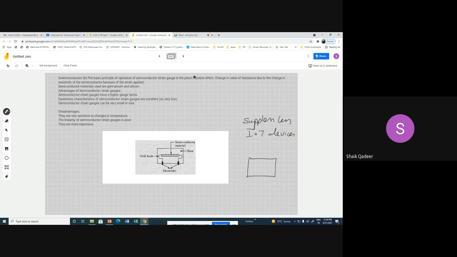It may belong to the category of piezoresistance, or it may belong to the category which extracts energy from the electromagnetic field. I forget the name.